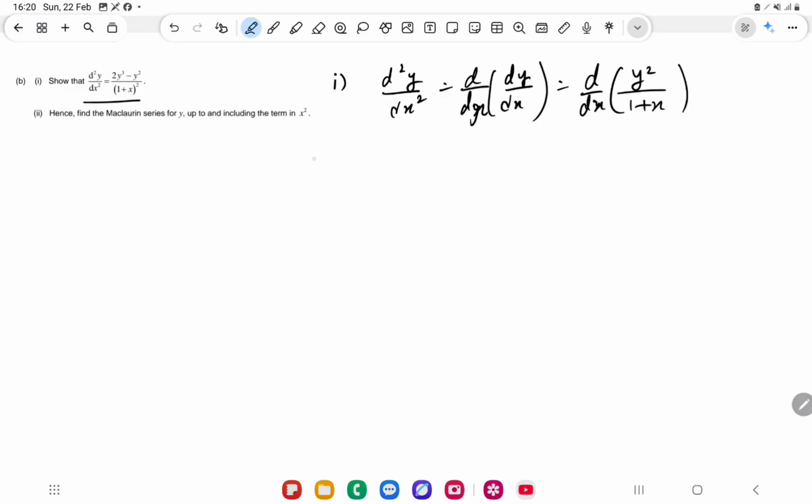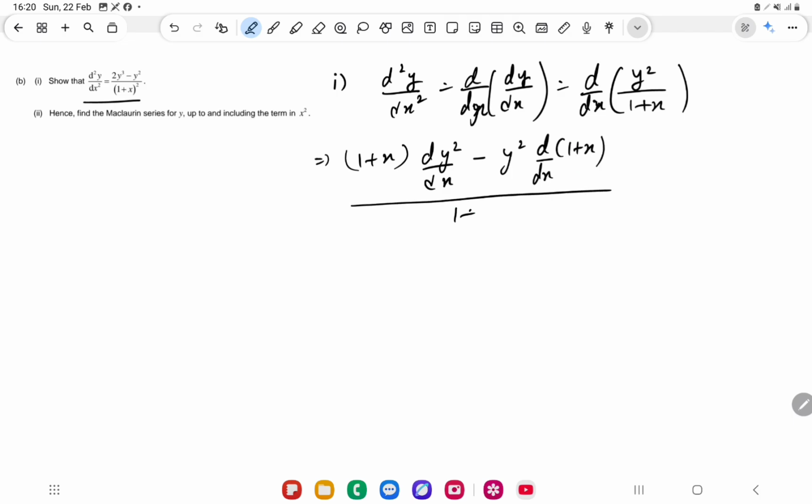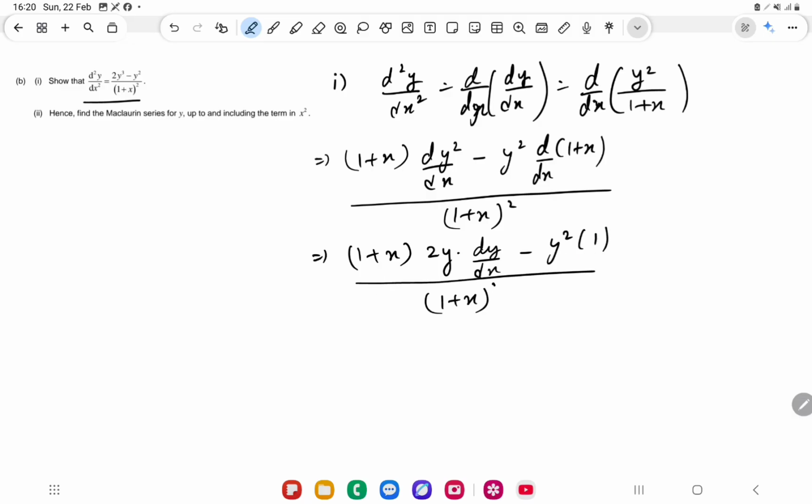So I can apply the quotient rule: denominator as it is, times the derivative of the numerator, minus the numerator as it is, times the derivative of the denominator, whole divided by the denominator whole square, which is (1 plus x) squared. So the y square derivative will be 2y dy by dx minus y square as it is, times the derivative of the denominator, which is 1, divided by (1 plus x) whole square.